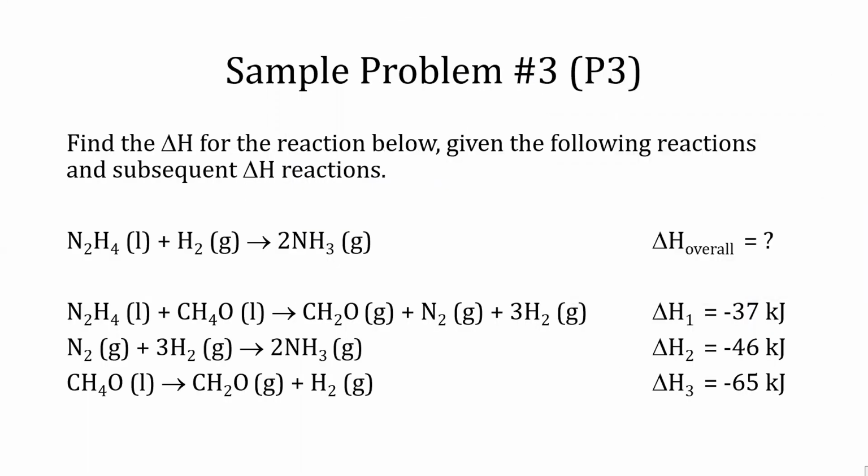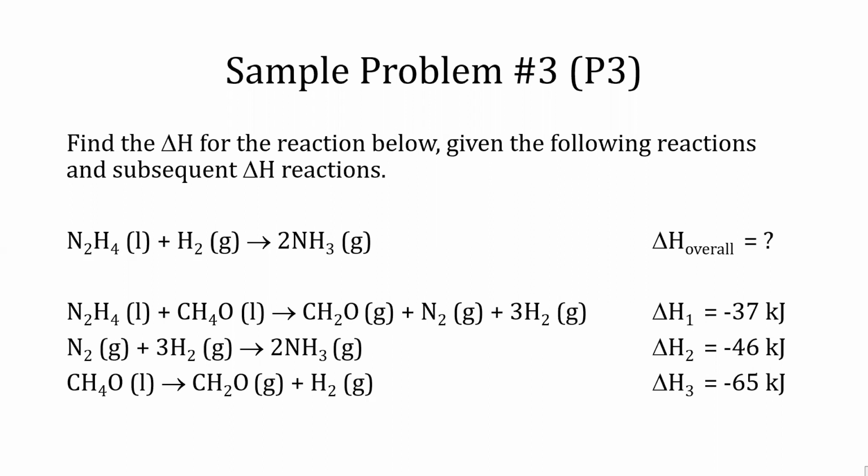Sample problem 3 is, find the delta H for the reaction below given the following reactions and subsequent delta H reactions. N2H4 plus H2 forms 2NH3. Delta H overall equals blank. N2H4 plus CH4O forms CH2O plus N2 plus 3H2.